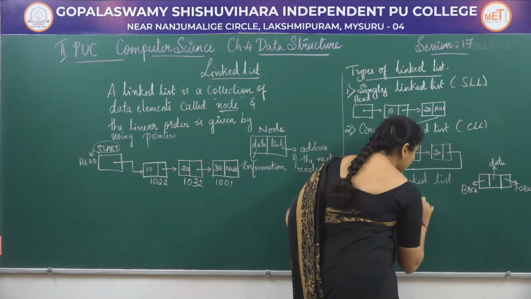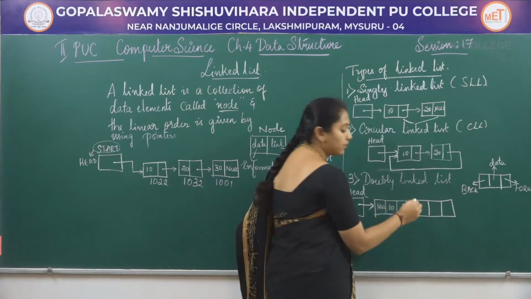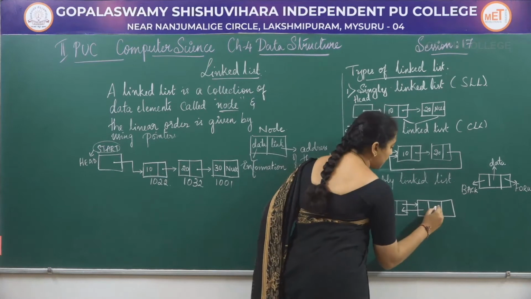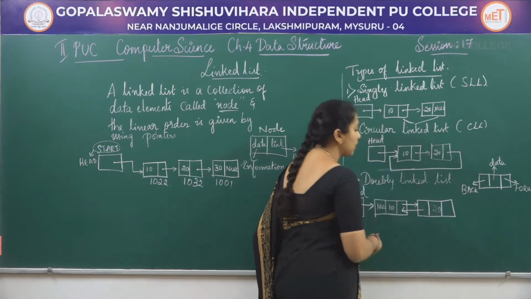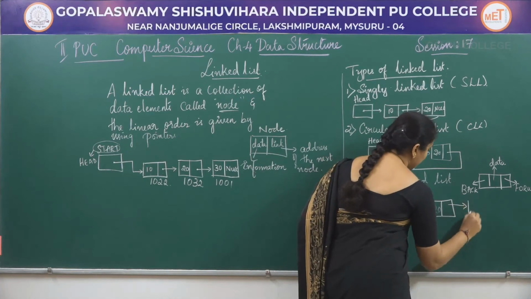In the next node, the first part, the back part, contains the address of the previous node, the second part contains the information, and the third part contains the address of the next node.